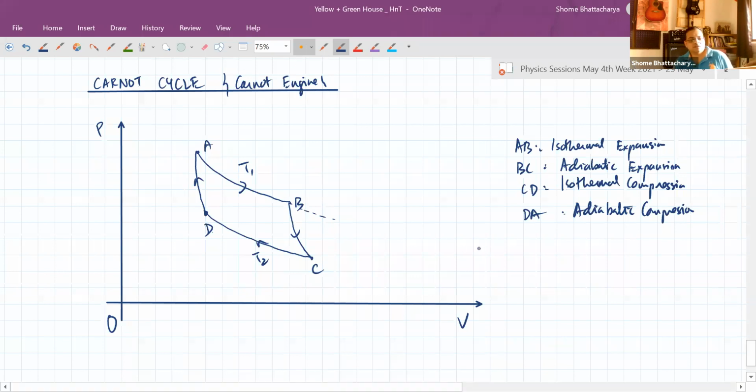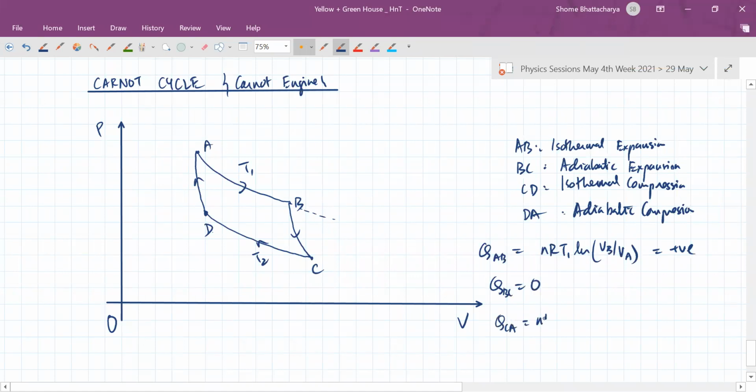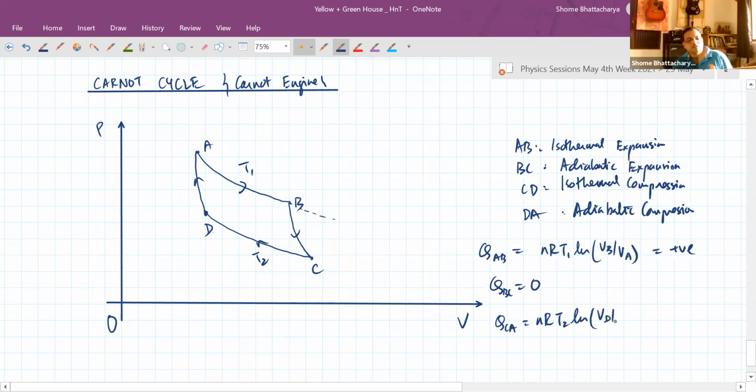So as you will remember, the formula for Q during an isothermal process is nRT natural log of Vb by Va in this case. So it's a positive quantity, but QBC will be 0. And then again QCD will be nRT2 natural log of Vd by Vc. Sorry, this is not CA, this is CD.